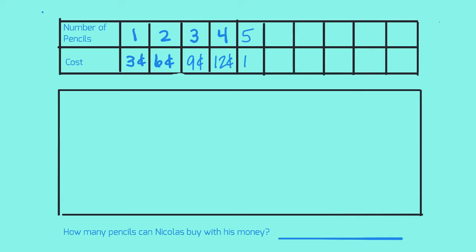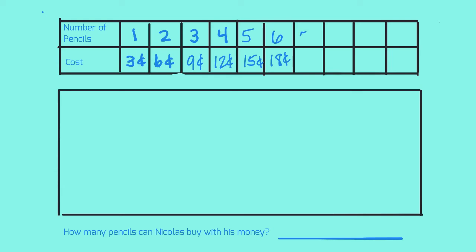That's 15 cents. 6 would cost how much? Get ready. 18 cents. You're doing great. We already know how to count by threes. We've been practicing this with our skip counting for quite a while. 3, 6, 9, 12, 15, 18.